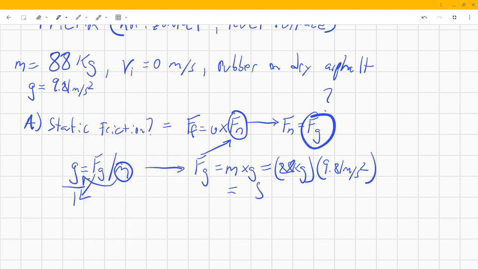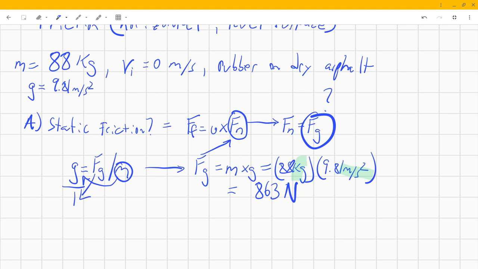So like 863 newtons. Okay, don't forget a newton is the same thing as kilograms times meters per second squared. So you could either leave it as kilograms times meters per second squared or change it to newtons, because that's what a newton is. Okay, now we have the normal force.